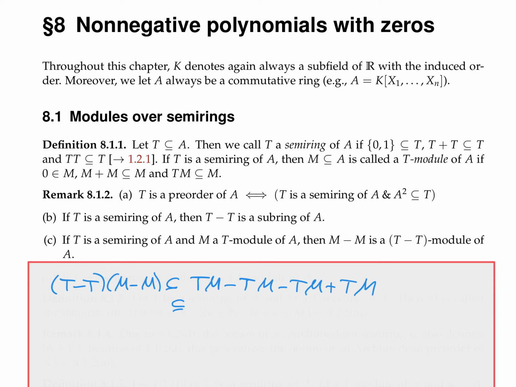So therefore this is contained in M minus M plus M minus M, and that's contained in M plus M minus M plus M, which is contained in M minus M, because M plus M is contained in M, and that's it, right? Okay, so M minus M is a T minus T module of A.